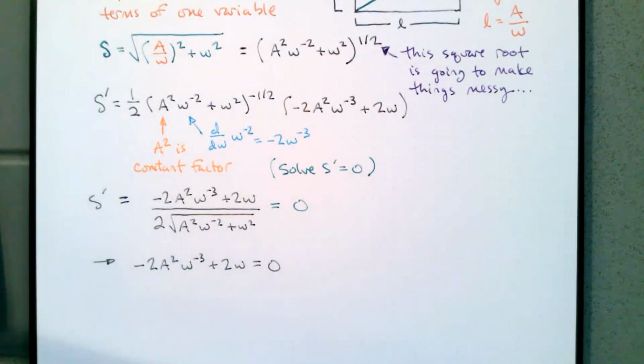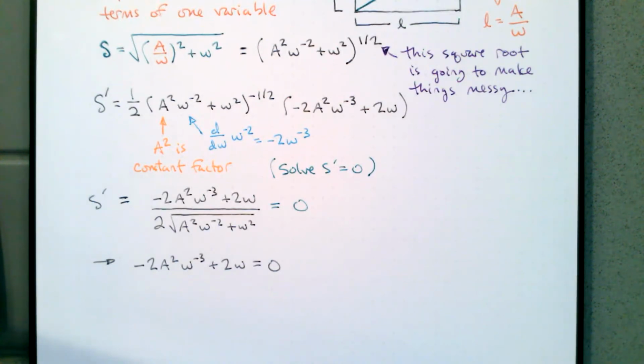If you're thinking in terms of limits, if the denominator is going off towards infinity, then S prime might be approaching 0. But take a look at the denominator. The denominator is just the length of that diagonal. And we're not concerned with the case where the length of the diagonal is headed off towards infinity. We want the smallest diagonal, not the longest diagonal. So we only care about when the numerator is equal to 0.